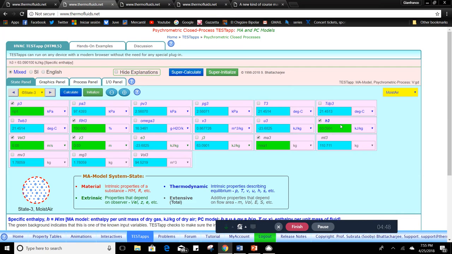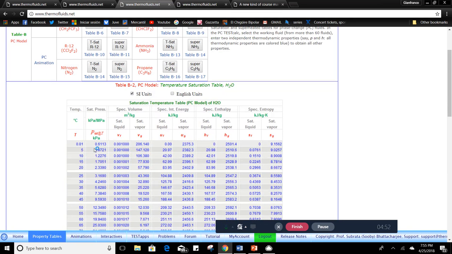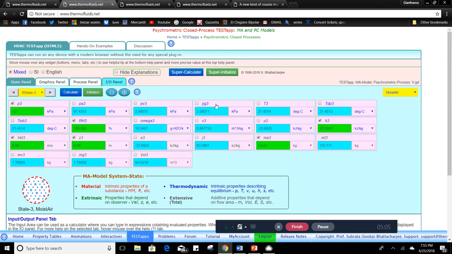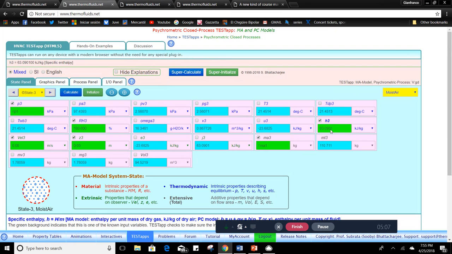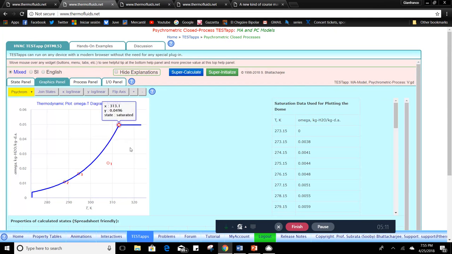And state 3 is the same, but we need to find the values for the specific volume and specific internal energy at 15 in table B2, which is 0.001, 0.01, sorry, and 62.99. We find that the value for H3 at 15 degrees is 63.09, and we make sure the graph makes sense.